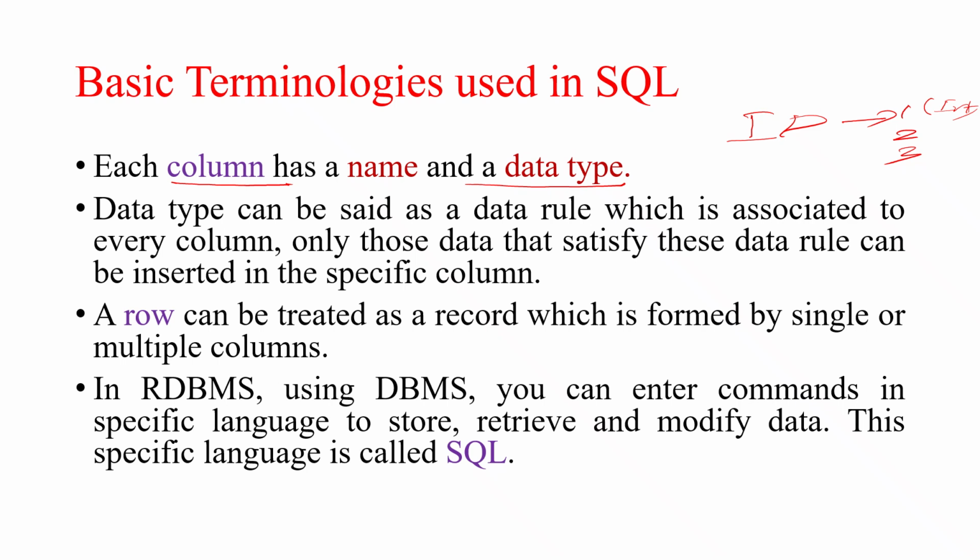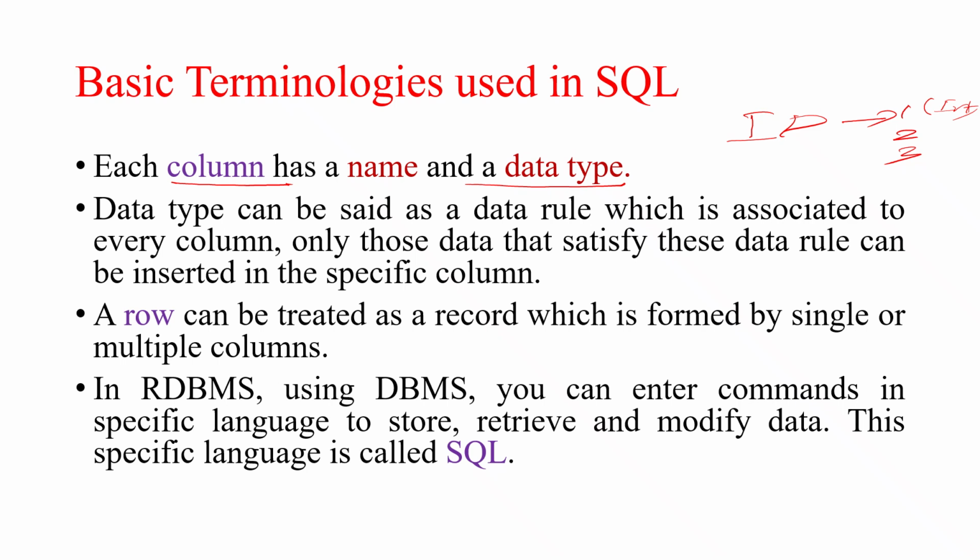If you insert any new row, it should satisfy the data rule. What data type are we giving for the first column, ID? Integer. Only then will it be inserted.